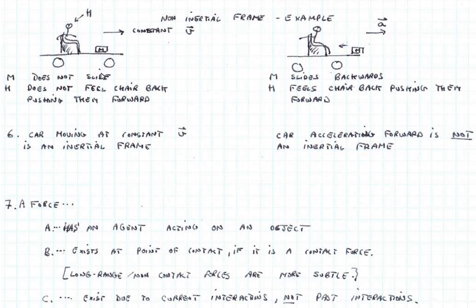The agent for that force is the Earth pulling the mass m down, and then there is the normal force of the floor of the car pushing up, counterbalancing the weight of the object, and the agent for that latter normal force is the floor of the car. The sum of the forces is zero, and by Newton's first law, it should not be accelerating, and indeed it isn't. It's going at constant velocity.